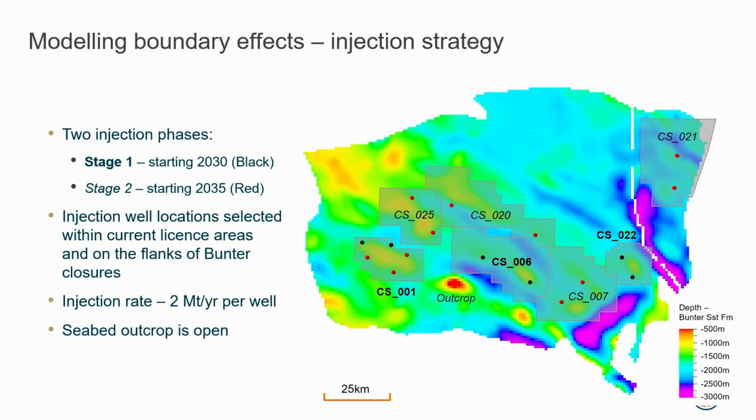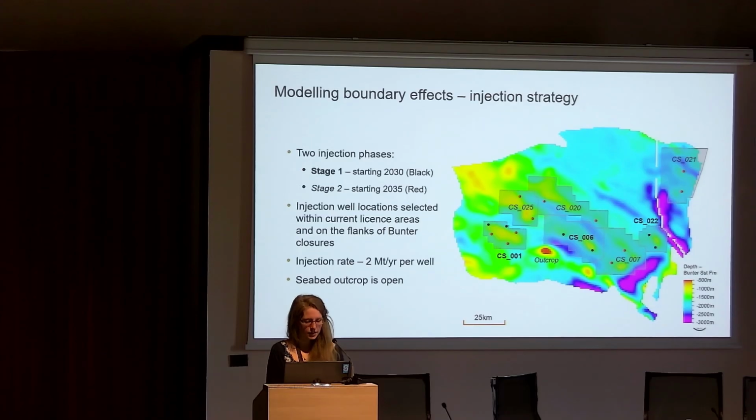For the injection wells, we picked the closures within the license blocks, and then we put the well locations on the flanks of the closures. The seabed outcrop was mentioned earlier. In this case, we had the seabed outcrop as open, as a pressure relief. I'll skip through some of this, but we had these 2 phases of injection.